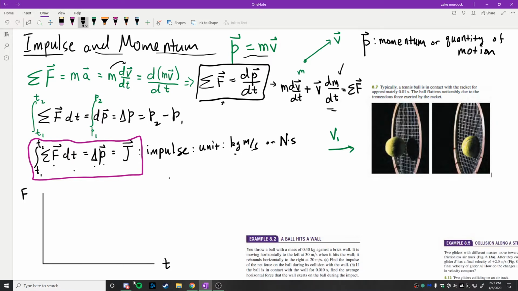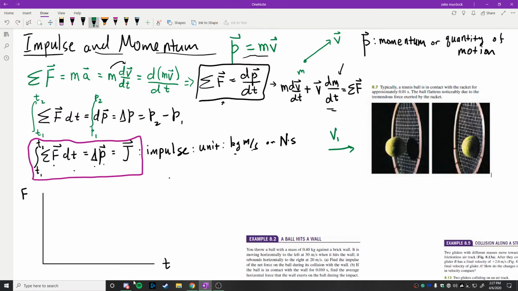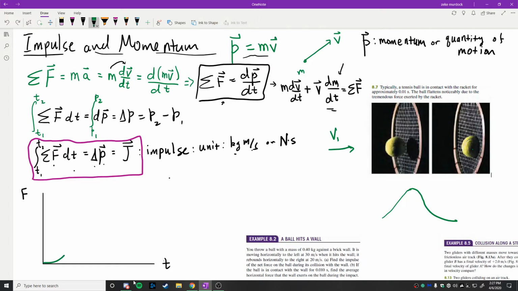The force is going to start off small, ramp up as the ball gets compressed, and reach a maximum. Then as the ball decompresses and starts to push in the opposite direction, the force falls off. Eventually the ball's not in contact with the racket, so you get a force profile like this.